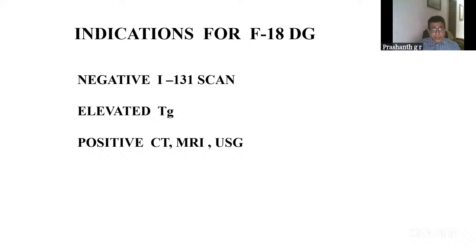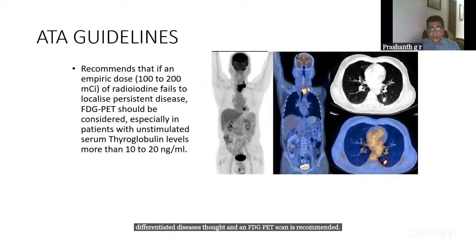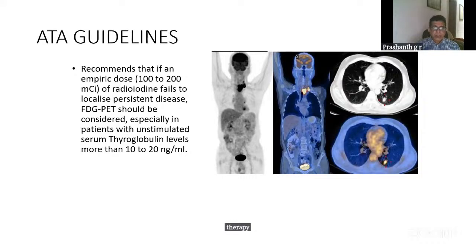So once a patient has qualified these criteria, that is when dedifferentiated disease is suspected and an FDG PET scan is recommended. Before we subject these patients to an FDG PET scan, an empirical radioiodine therapy is always advised, wherein we ensure that there is absolutely no stable iodide interference.